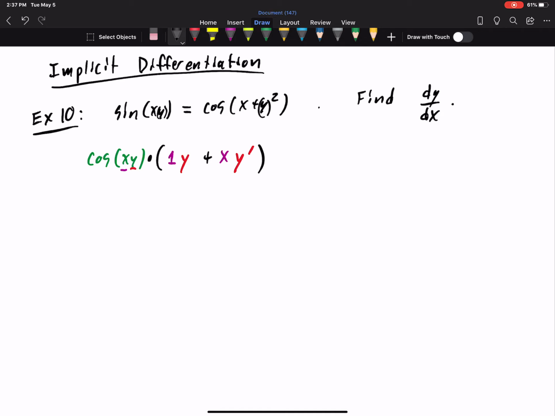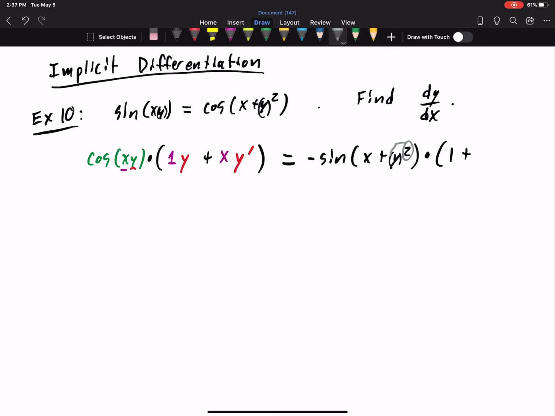So let's handle that. The derivative of cosine, because we have to use chain rule here, is minus sine. And then you leave the entire inside alone. Change nothing. And then you multiply by the derivative of the inside. So the derivative of x is just 1. I'll put some parentheses around that y as well. And then we need to use the power rule here.